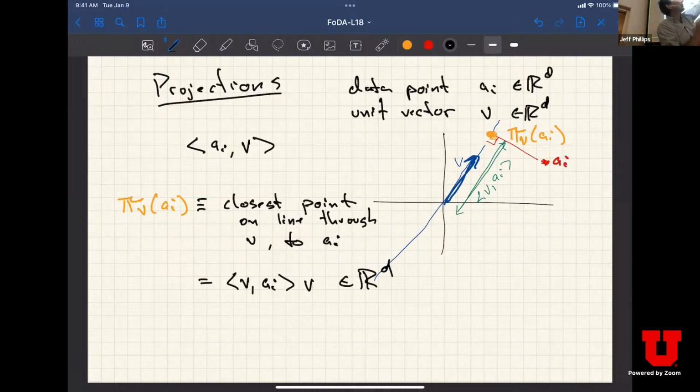I go that length, that green length, and that gets me to that orange point. Okay, so this is a projection operation onto this unit vector V. If I take my whole data set, with multiple data points, and project them all onto V, I've reduced it to one dimension. This gives me a dimensional reduction down to one dimension, which is along this line through here. Okay. Good.